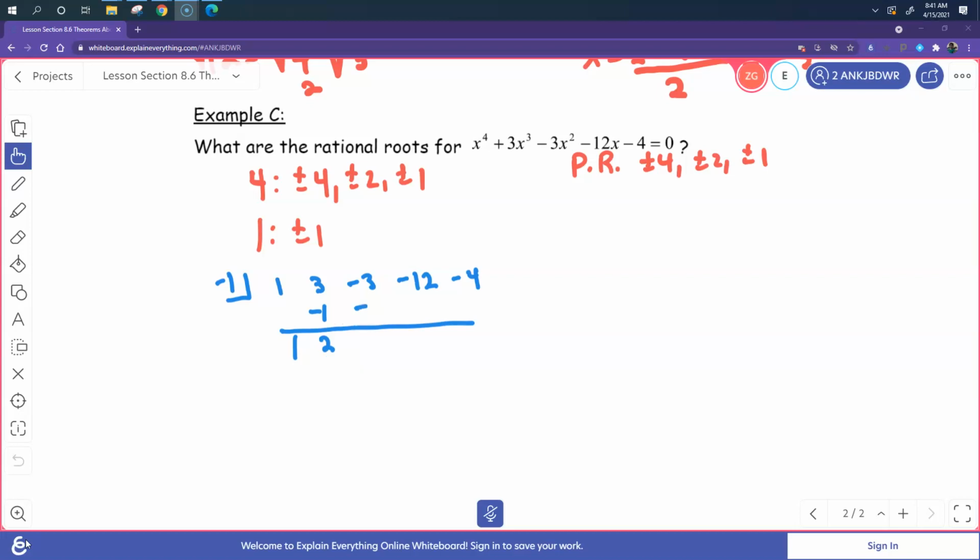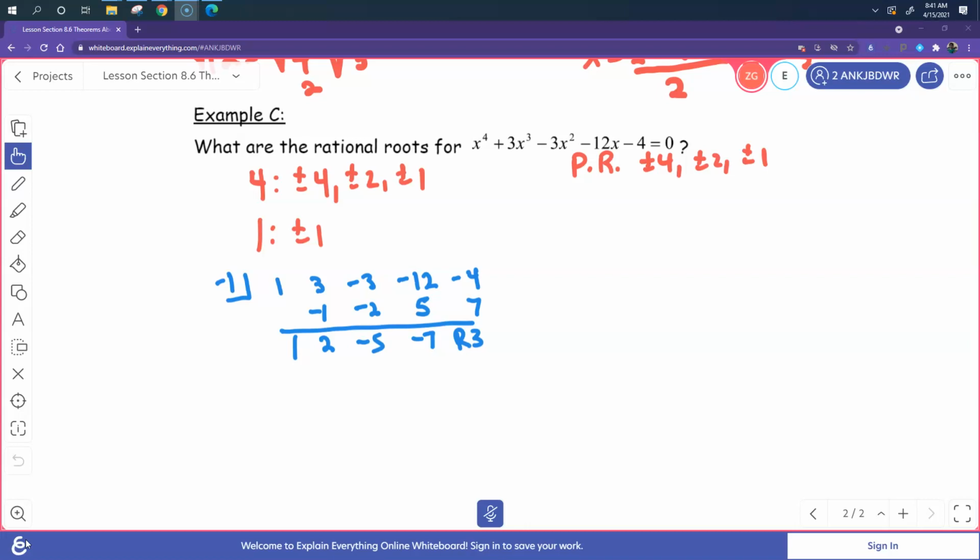Negative 1 times 2 is negative 2. Negative 3 plus negative 2 is negative 5. Negative 1 times negative 5 is 5. Negative 12 plus 5 is negative 7. And that's not going to work because it's a remainder of negative 7. So that doesn't work.